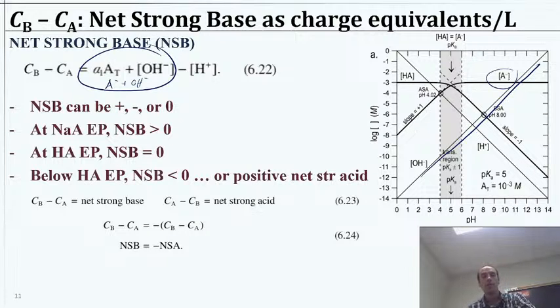Well, starting in the basic condition, the OH minus gets very large over in this region, and compared to the A minus, it's really only in this region where it's the dominant species. So is that equal to the H plus? Well, the H plus in this region is very, very small, so no, we're nowhere near equal. So we're going to follow the dominant species over until we cross where it meets the H plus. This is how we're finding the HA equivalence point.